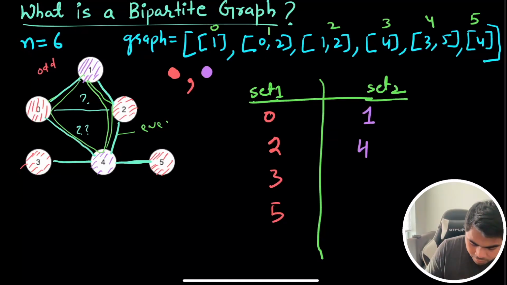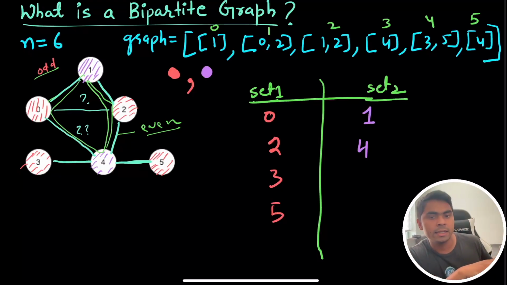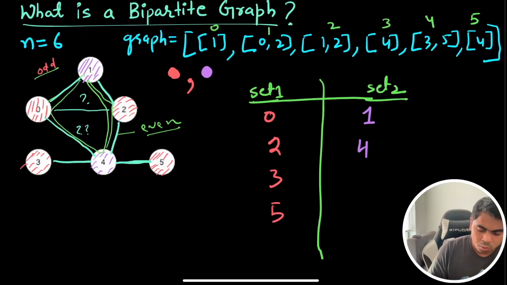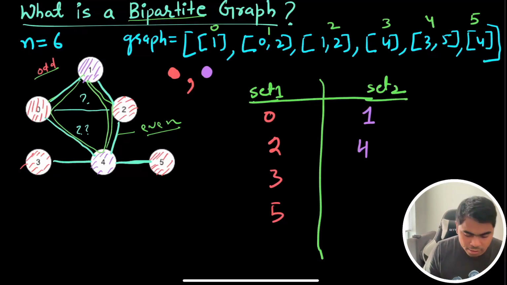So whenever there is an even number of nodes in the cycle, if there is a cycle, then you can always put all the nodes of that graph into 2 different sets or assign 2 different colors. So that is a bipartite graph.